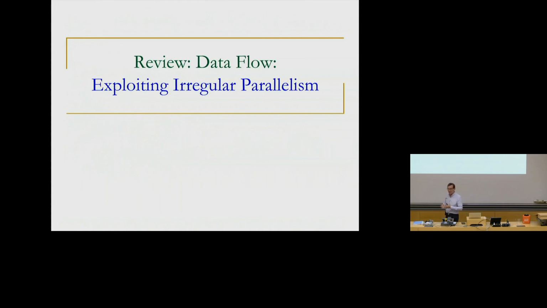So what is data flow good at? It's really good at exploiting irregular parallelism. So we'll see later that there's parallelism that's regular. So for example, if you're processing an image, and if you want to do some operation to the image, for example, resize the image, zoom in, or zoom out, you basically apply an operation to every single pixel in the image.